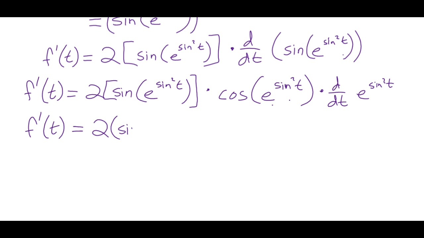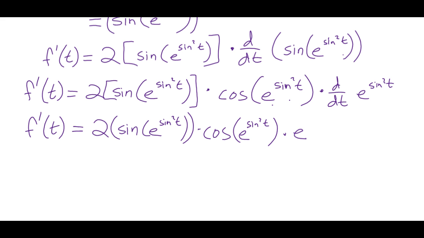2 sine e times the cosine, and now let's do the derivative of e to the sine squared t. When you're doing the derivative of e to the anything, it just starts out as e to the anything, right?